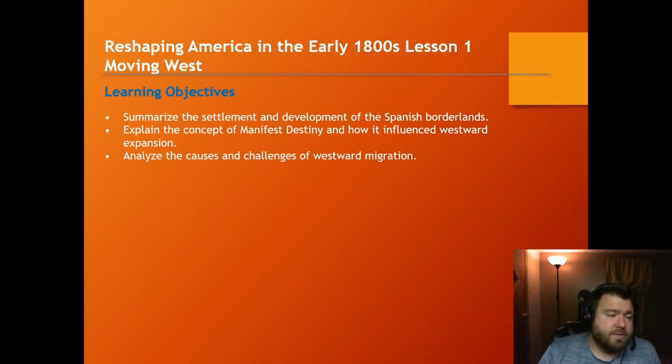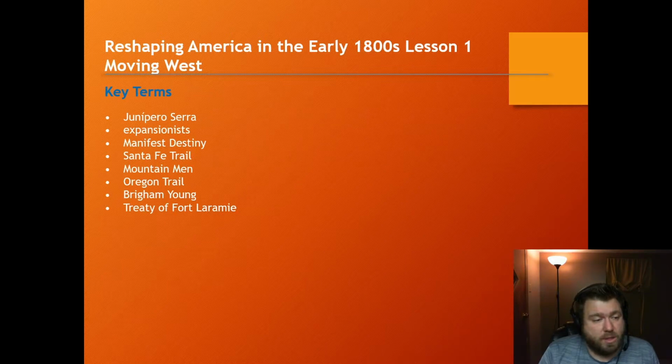The learning objectives for this section are: summarize the settlement and development of the Spanish borderlands, explain the concepts of manifest destiny and how it influenced westward expansion, and analyze the causes and challenges of westward migration. There's a list of the key terms from this section. All of those are things that we will be going over very shortly.